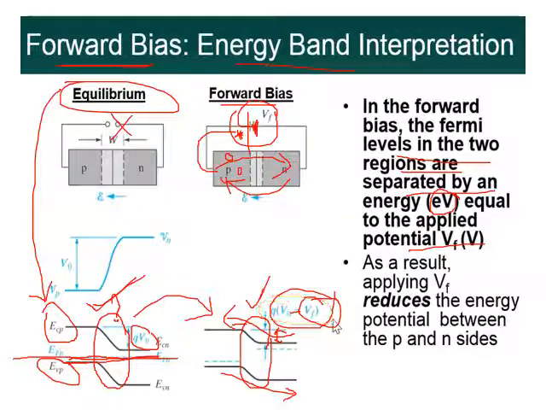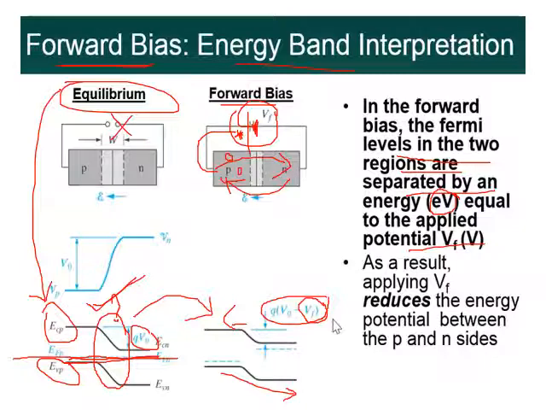So let me erase everything so that it will be very clear to you. Yeah, this is the equation, and the effect of Vf is felt whenever we supply the Vf.